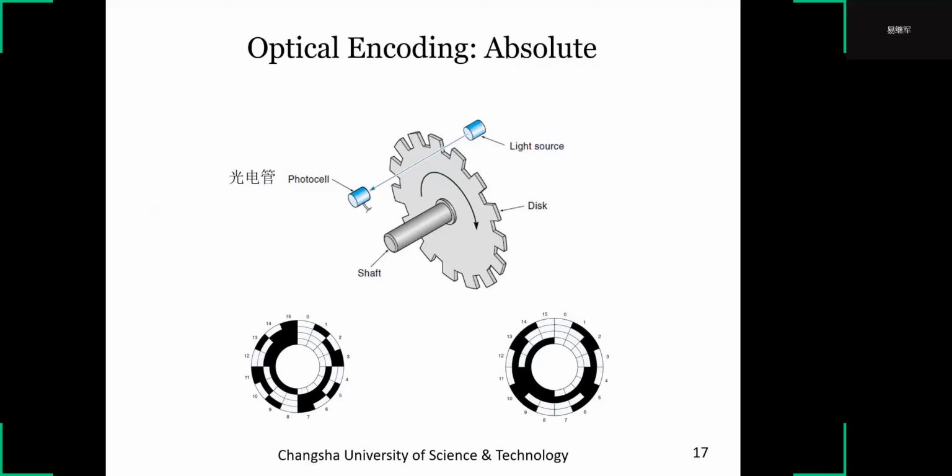Optical encoders are categorized into two types: absolute optical encoder and incremental. This is the absolute.